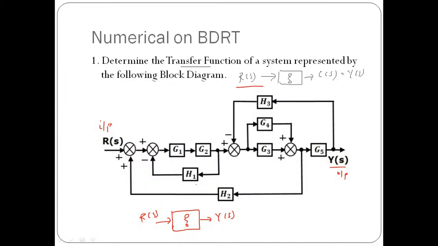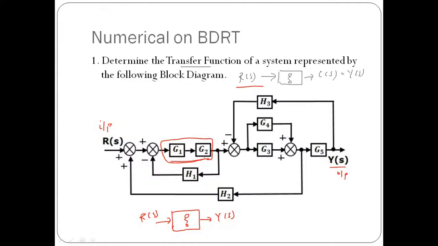So first we will observe whether it is possible to have a combination of blocks which are connected in series configuration. Now see, if you observe these two blocks, G1 and G2, these two blocks are connected in series configuration. Why?